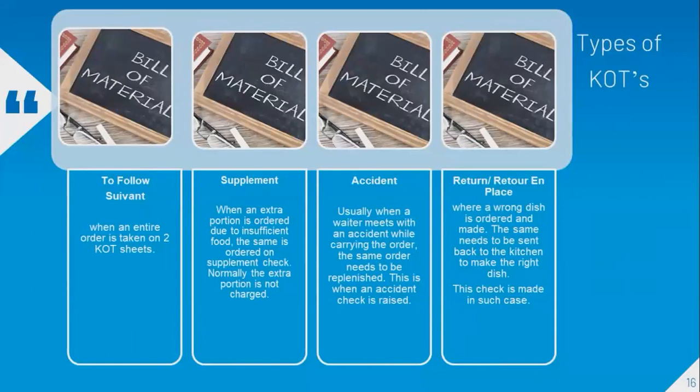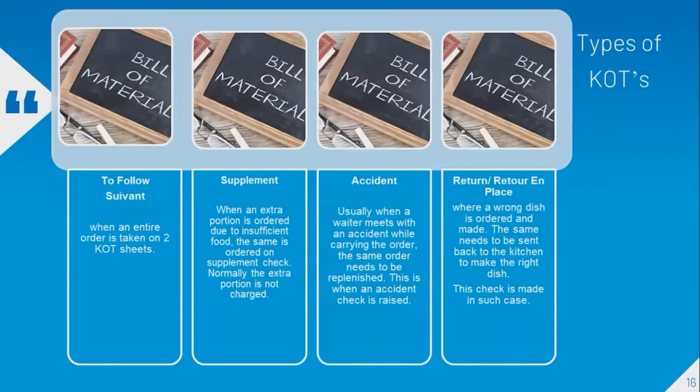The second type of KOT is supplement, wherein when an extra portion is ordered due to insufficient food, the same is ordered on the supplement check. Normally, the extra portion is not charged. Accident. Usually, when a waiter meets with an accident while carrying the order, the same order needs to be replenished.